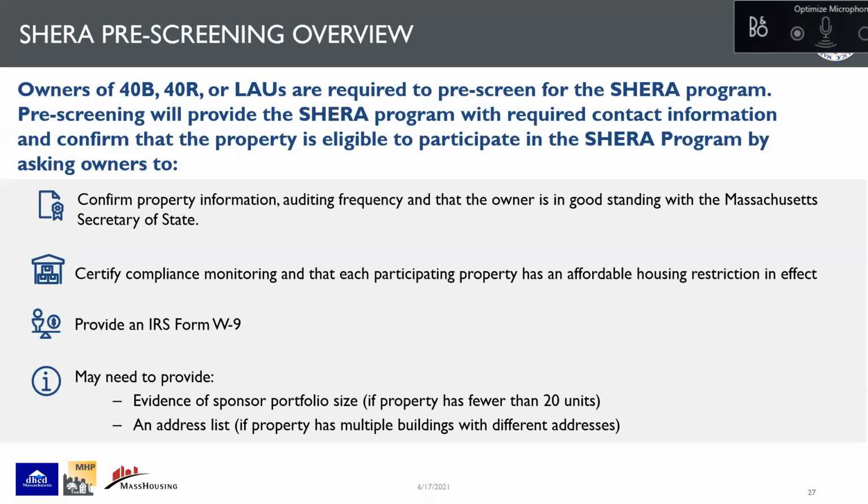Second is certifying compliance monitoring and that each participating property has an affordable housing restriction in effect. The third is providing a Form W-9. Additionally, an owner may be asked to provide evidence of the portfolio size if the property they are applying for has fewer than 20 units. And lastly, if a property has multiple buildings with different addresses, providing an address list for each of those buildings.